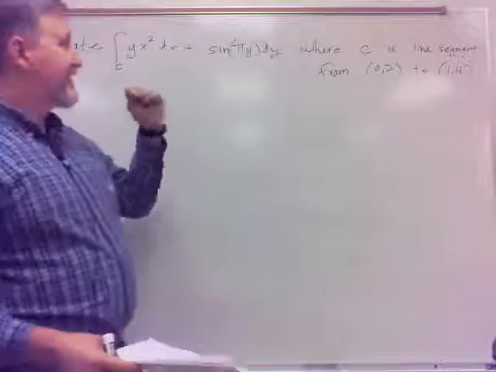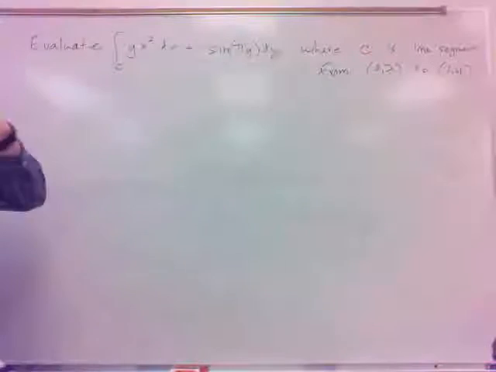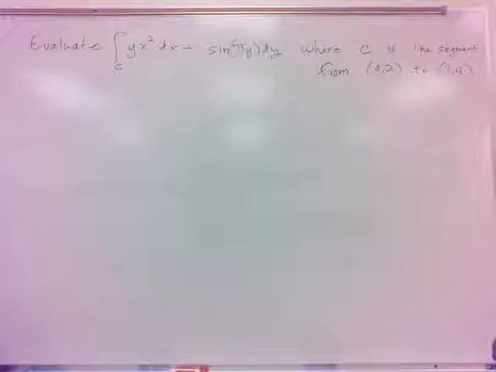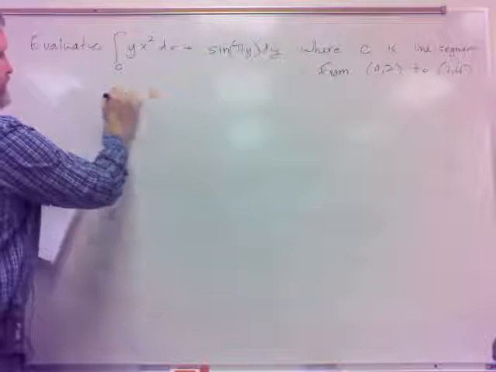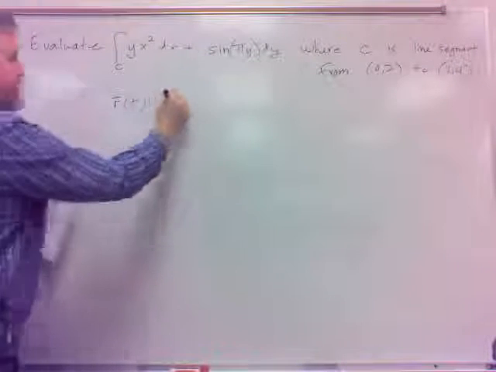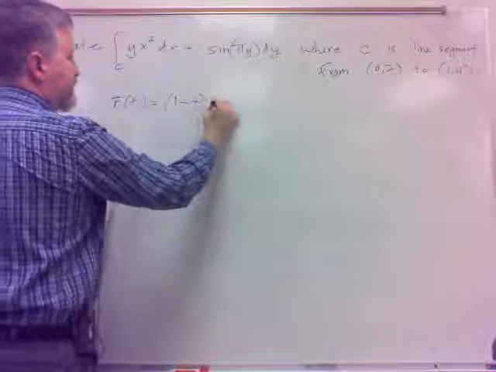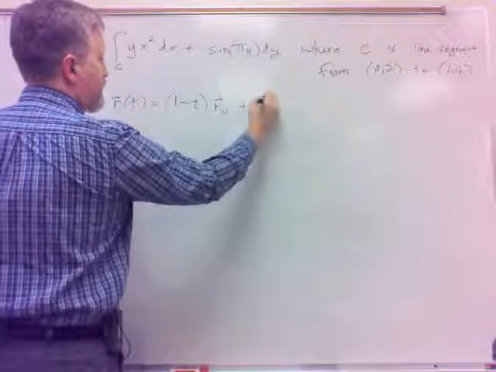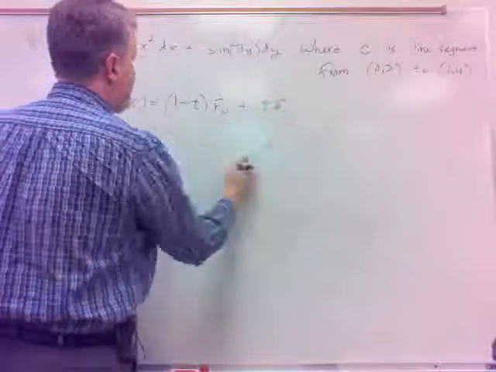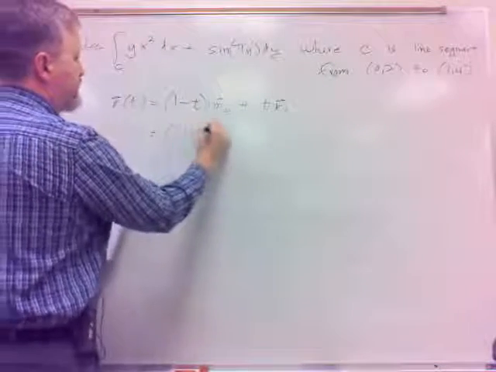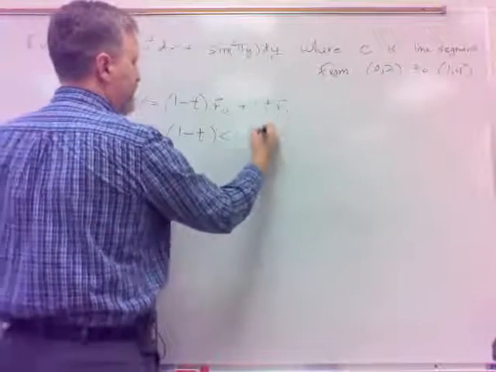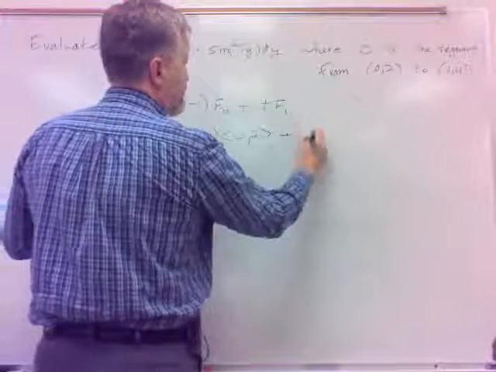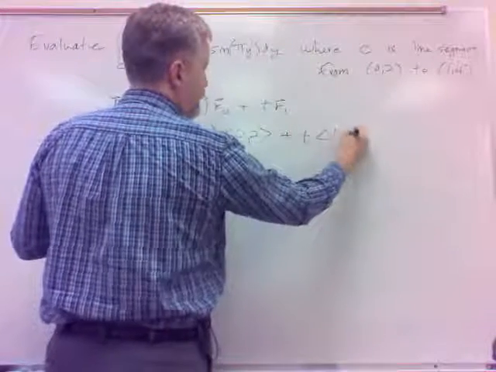So, again, to do these, we still need a parametric formula, and that's where the r of t vector comes in handy. It was 1 minus t r0 plus t r1. So this will be 1 minus t times r0, which is just this vector, the endpoint, and then t r1 is just 1, 4.